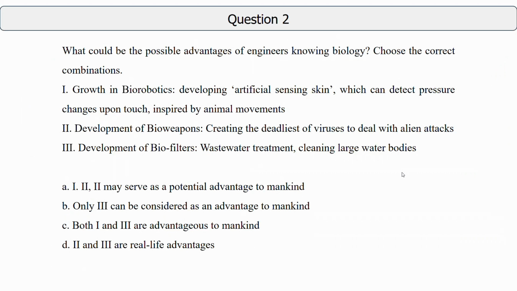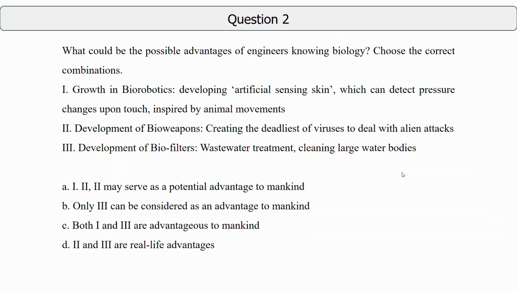So we'll move to question 2. Question 2 is, what would be the possible advantages of engineers knowing biology? Choose the correct combination. The first statement is growth in biorobotics, developing artificial sensing skin which can detect pressure changes upon touch, inspired by animal movements.